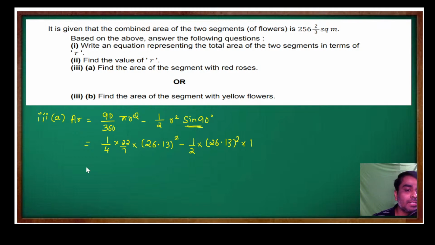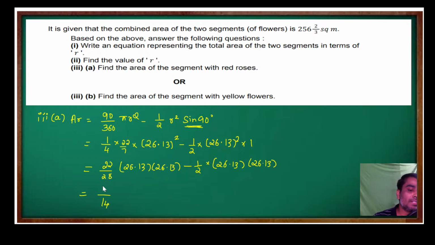Sine 90 is 1. Finish off this: 22 by 28 into 26.13 whole square. 26.13 into again 26.13, you do, then half. Here also repeat the same thing, 26.13 into 26.13. You can cancel this. 2 14s are, 2 11s are.